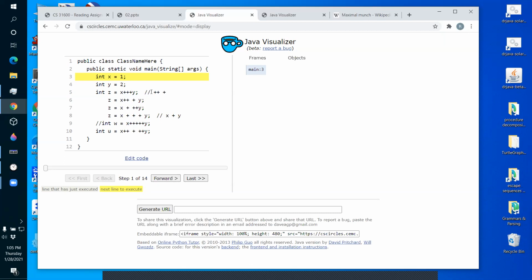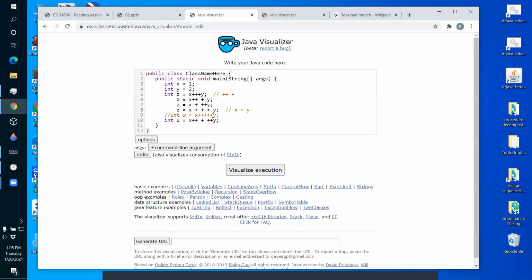Yeah, in line 9, what if the last 2 pluses were minus? Oh, good question. Because then that would break up the maximum munch thing, right? Yeah, let's see. Okay. Now, plus, munch that. Plus minus, well, the question is is there a token plus minus?